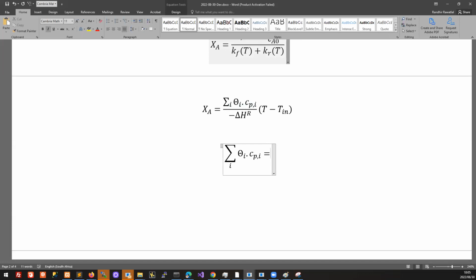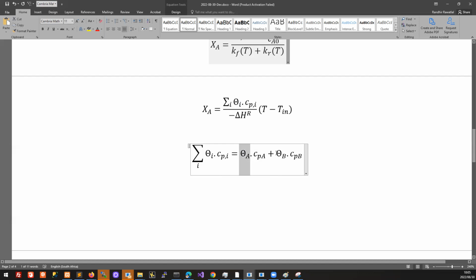Normally we would write theta A times CPA plus theta B times CPB. So that's what we would normally do. But we have pure A. That means theta A is 1 and theta B is 0. So this whole thing reduces to nothing but CPA. So that's the numerator, and we are given a value for CPA.